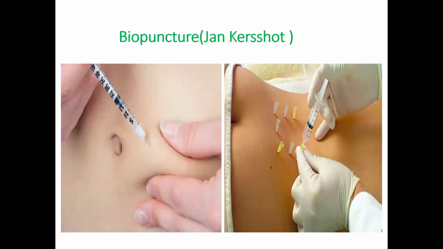Of course, his method is less painful than the other methods, and I use more of the biopuncture right now. I found it less painful to inject in the subcutaneous area than injecting between the epidermis and dermis, or the dermis. So I use the Kersschot technique here.